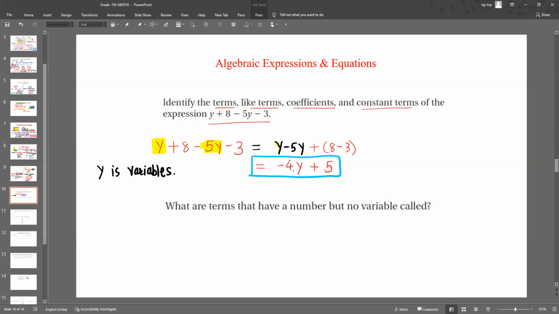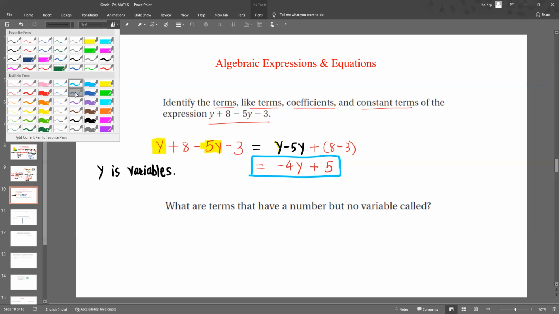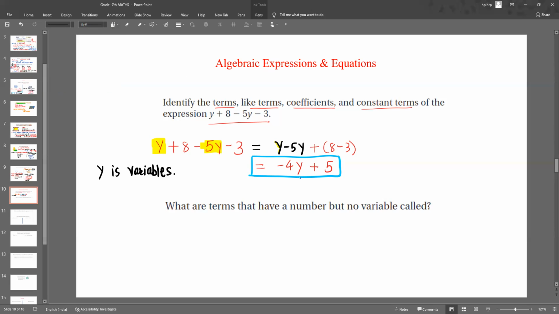According to this result, minus 4y plus 5, how many terms? Terms can be separated by a positive or negative sign.